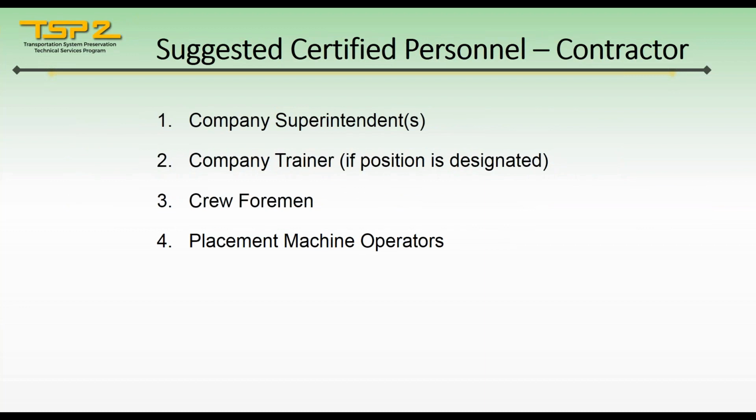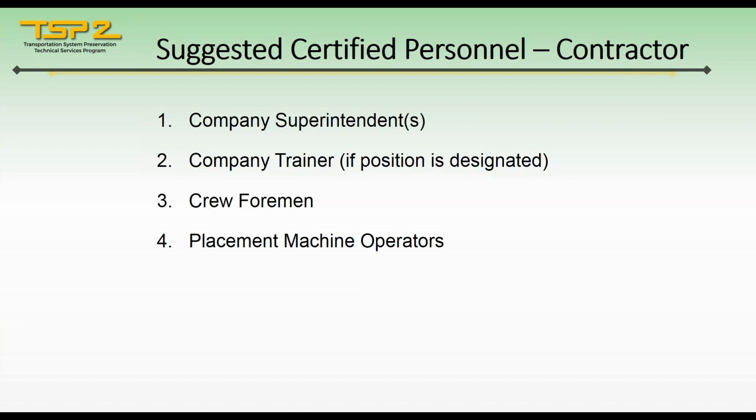For the contractor, we recommend that certified personnel include the company superintendents and the company trainer, if there's been one designated by the company. Sometimes the person that's responsible for training may be the superintendent or the foreman, and the company hasn't designated a specific individual.